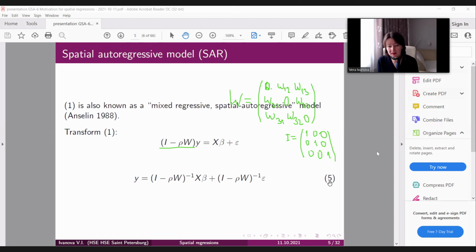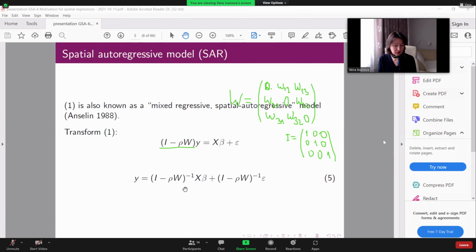And we can see that the coefficient beta is not the only multiplicator for the x variable. We also have this matrix term, and this matrix term includes spatial weights.